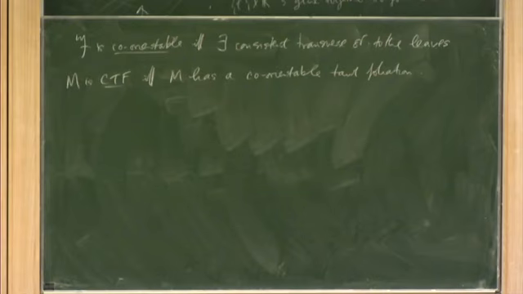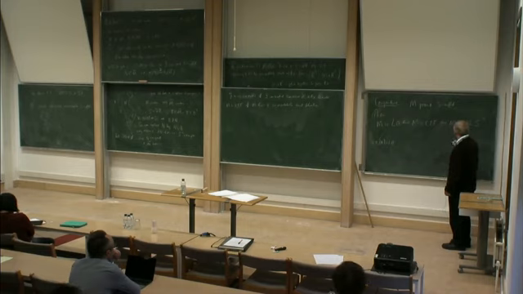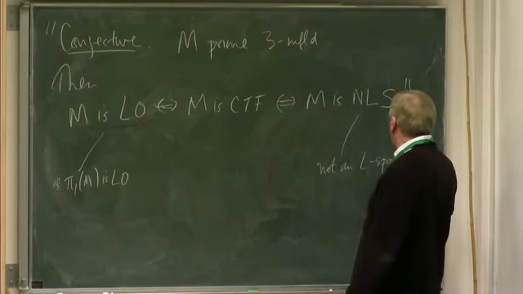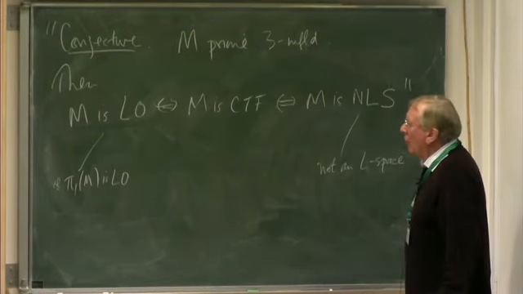So let me come to this here. I just mean pi 1 M is left orderable, and I've just said what this means, and this means that M is not an L space. Adam defined L space this morning, and he may say more about it.